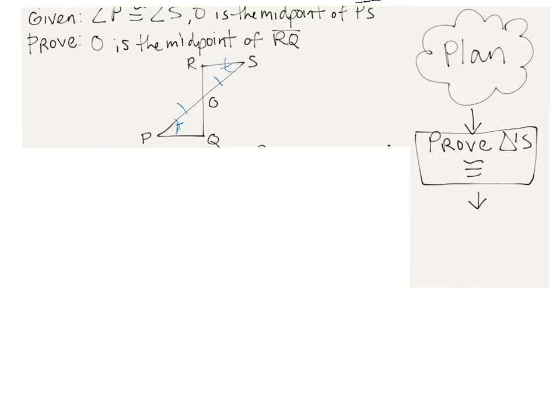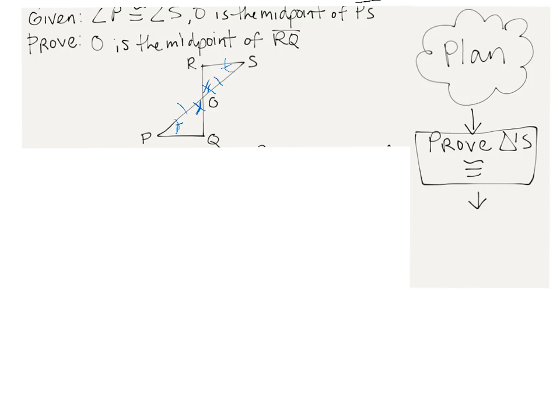I have an angle and a side. I could do side, angle, side, or angle, side, angle. I need to prove that RS is congruent to PQ to have side, angle, side. I can't think of a way to show that. I could do angle, side, angle, but I need this angle to be congruent to this angle. Wait, they are congruent. Those are vertical angles, aren't they? So angle POQ is congruent to angle ROS by vertical angles.